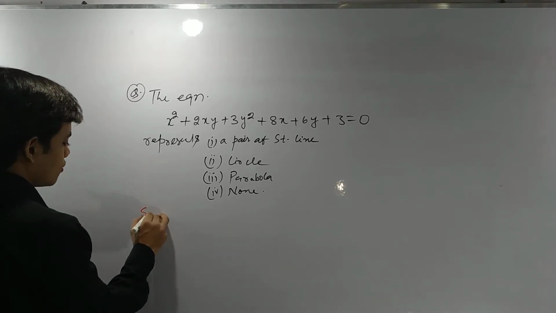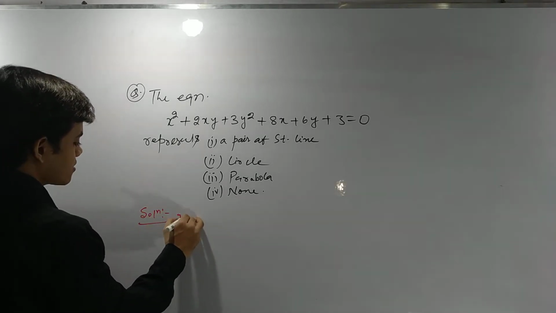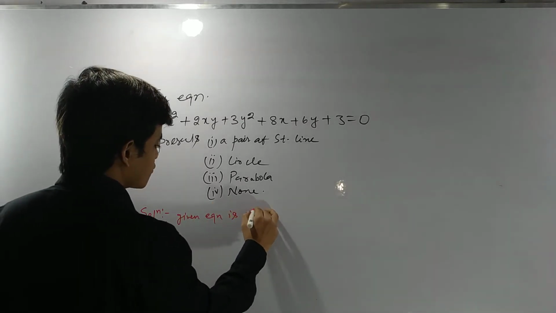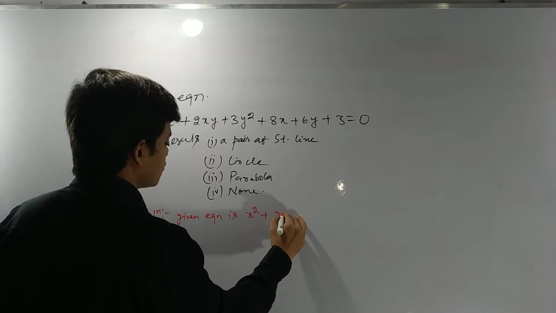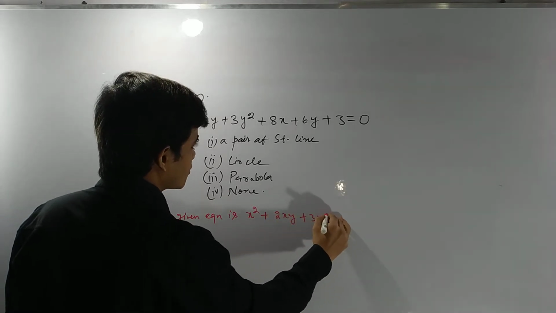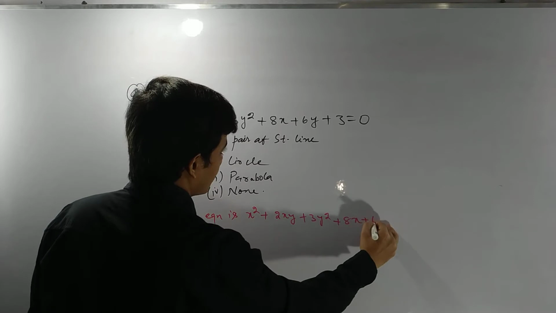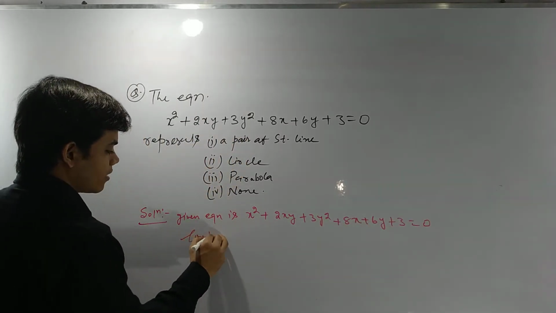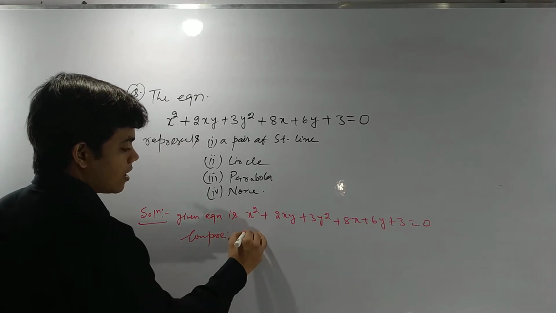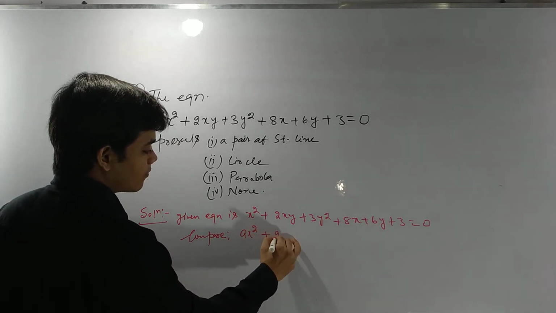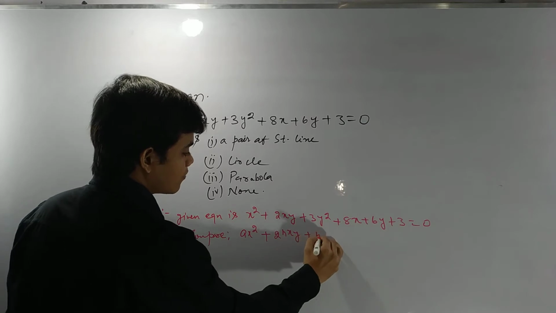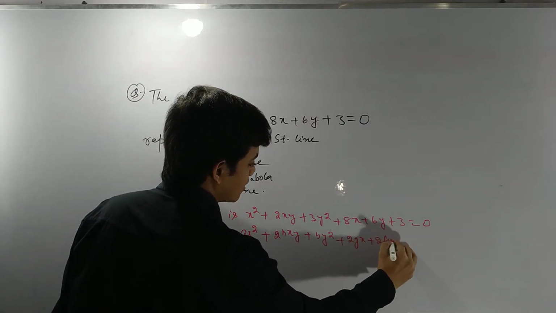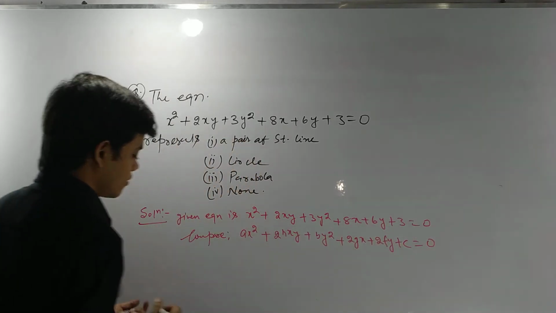So what is the given equation? Given equation is x square plus 2xy plus 3y square plus 8x plus 6y plus 3 is equal to 0. You have to compare with the standard form, ax square plus 2hxy plus by square plus 2gx plus 2fy plus c is equal to 0.